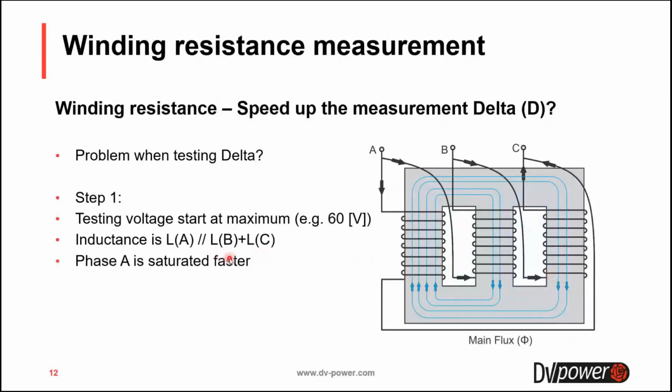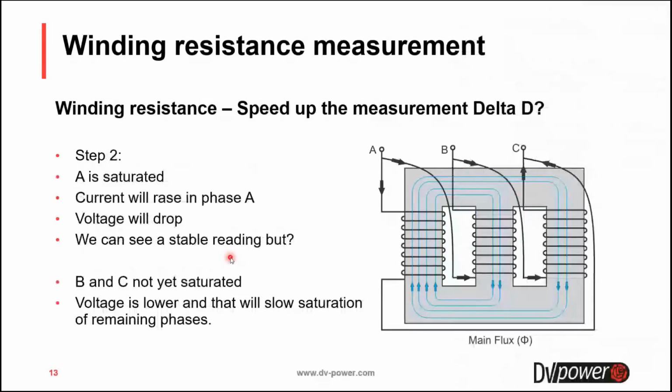For that reason, phase A will be saturated faster than phase B and phase C. After phase A becomes saturated, current will rise in phase A and voltage will drop in phase A.